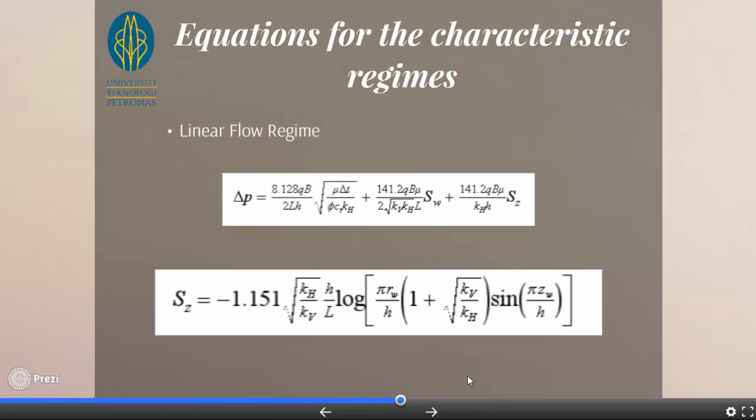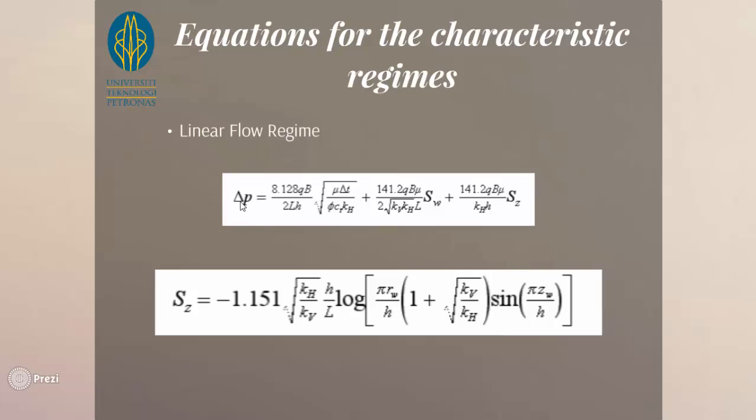For the linear flow regime, during the linear flow regime, the pressure changes as the square root of the elapsed time, as in the equation here on the slide. The first term of the equation is similar to the previous equation for a well intercepting a fully penetrating vertical fracture.